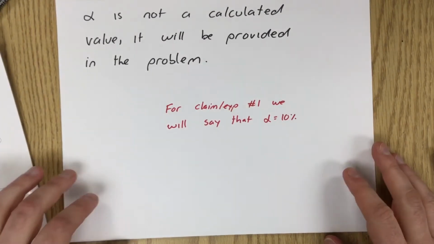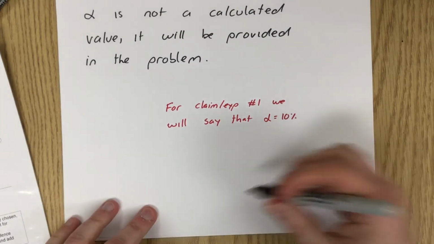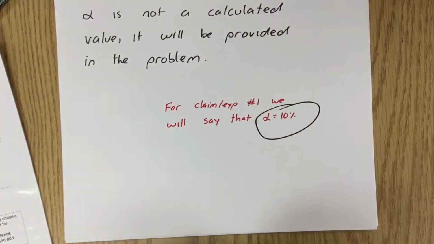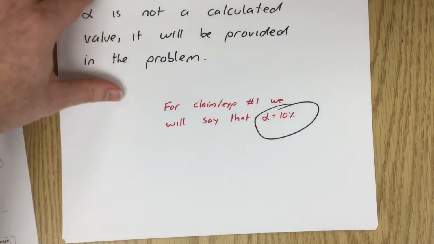It's going to be given to you. So I'm going to say with a significance of this or with a confidence of this. So for this upcoming example, we're going to say that alpha is 10%. So we're going to say, is the company lying? And we have to be sure with a confidence of 90% or a significance of 10%.